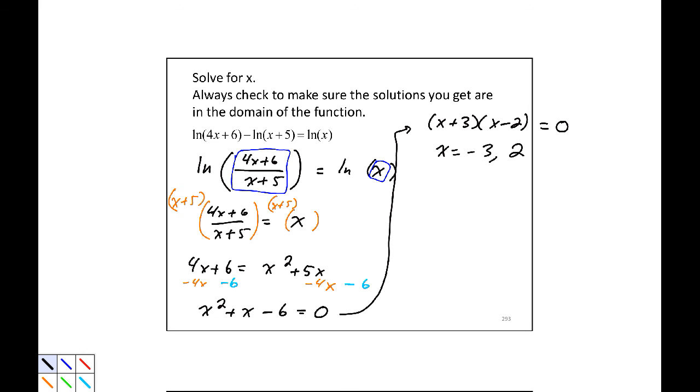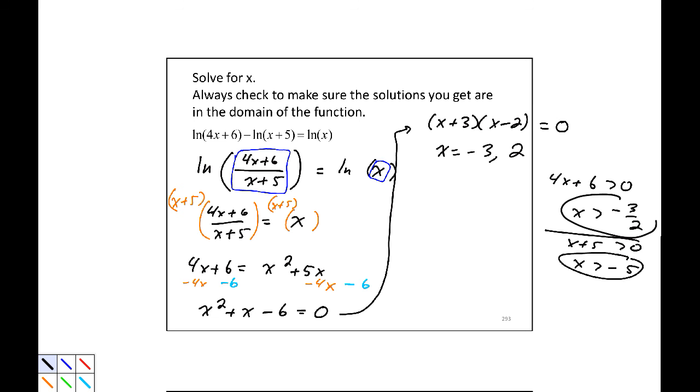Now, I should have examined my domain sooner, but we had natural log of 4x plus 6. For that to be greater than 0, that means that x is greater than negative 3 over 2. And for natural log of x plus 5, for that to be greater than 0, x must be greater than negative 5.